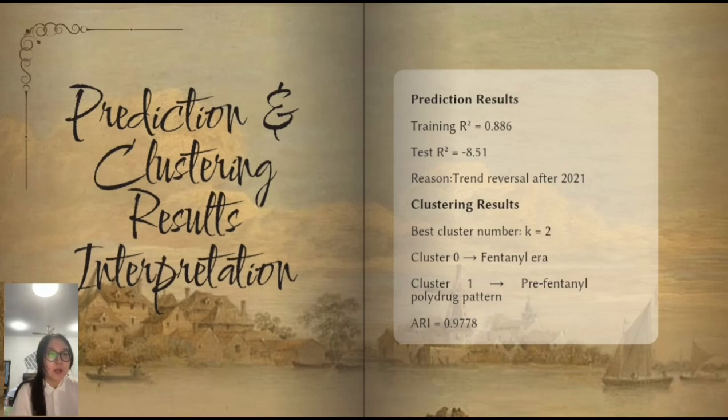At first glance, a negative R-squared value may look like the model completely failed. But after analyzing the situation more carefully, we realized that the issue was actually related to a change in the real-world trend. The overdose crisis in the region peaked around the year 2021.